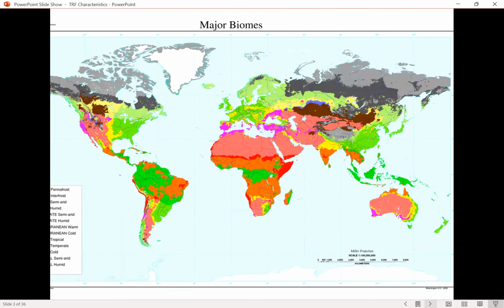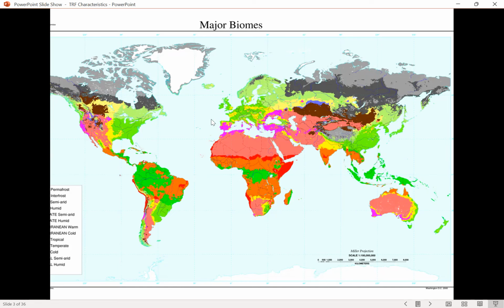This map just shows us the different types of biomes that are out there. If you go along the equator, you see this green area, and in this green area is where we find the rainforest biome. You can see that it's plentiful around South America, especially in the northern part of South America, covering Brazil, Ecuador, Colombia, and places like that.